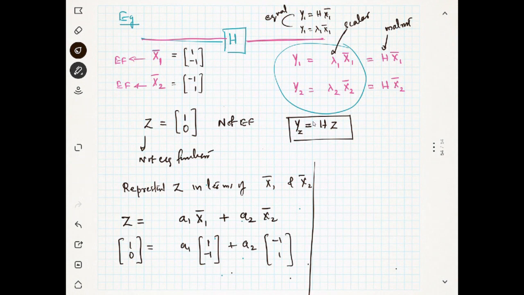Let's say a1 is equal to 1. If a1 equal to 1 and a2 equal to 1, is it possible? I doubt.